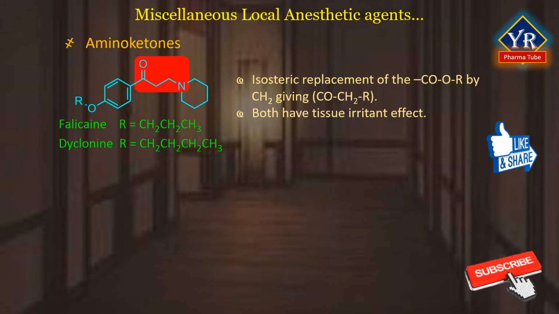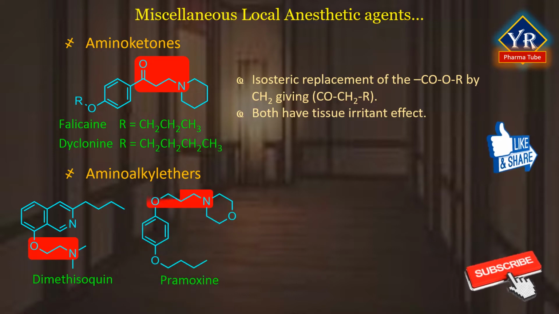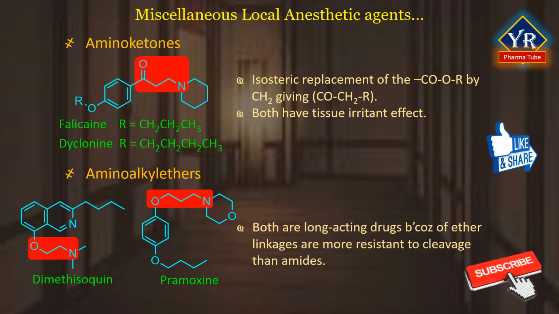As it was recognized that amino alkylamide local anesthetics have prolonged action and a low rate of hydrolysis in comparison with amino alkyl esters, it is suggested that amino alkyl ethers might be longer acting because ether linkages are more resistant to cleavage than amide groups.